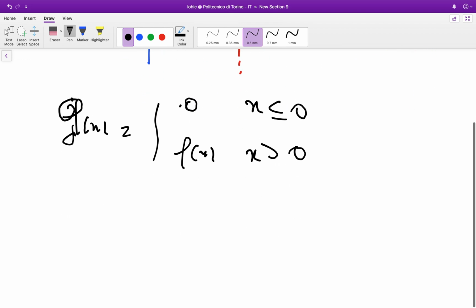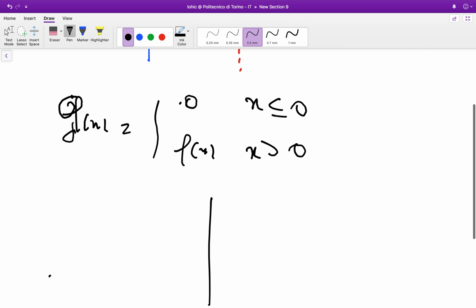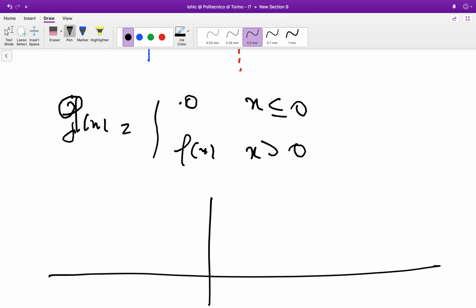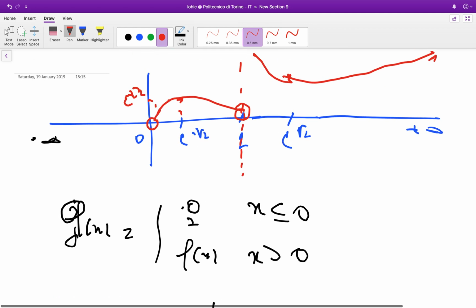If you draw this function, you see that for all x smaller than 0, the function is always 0, so it will be like this until 0 included.